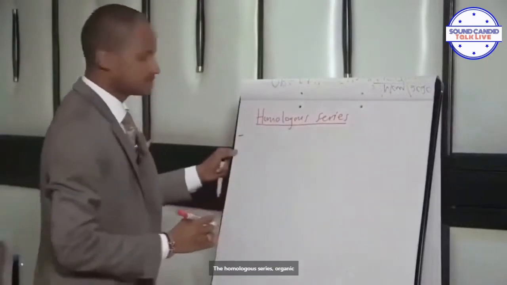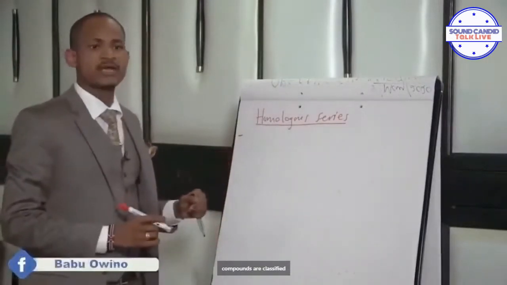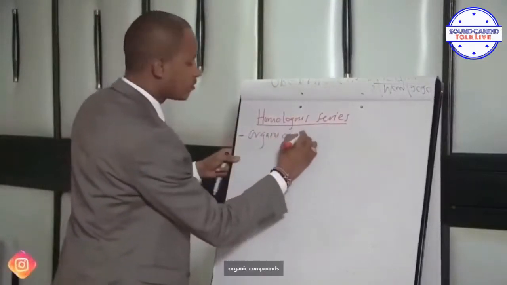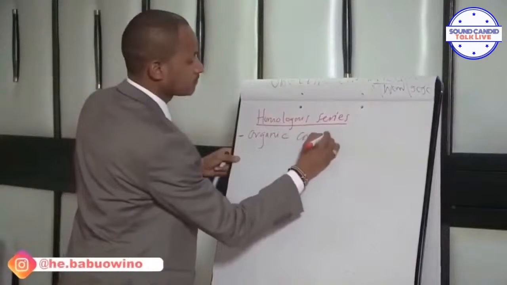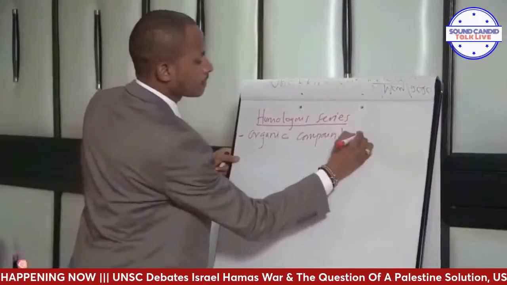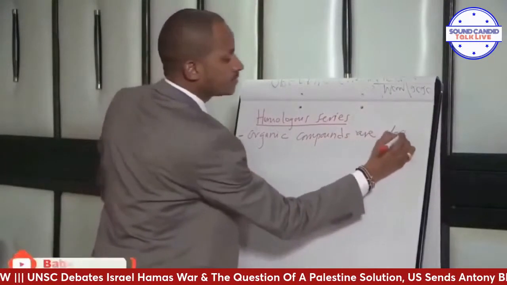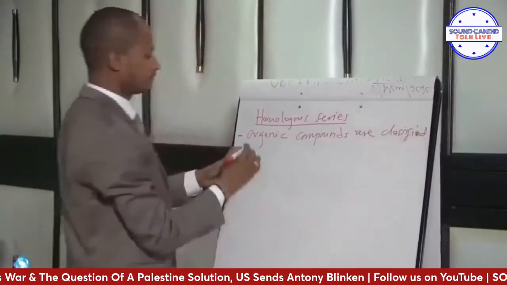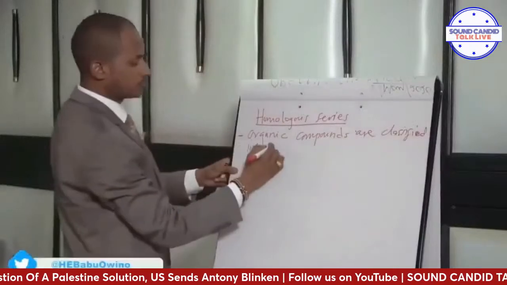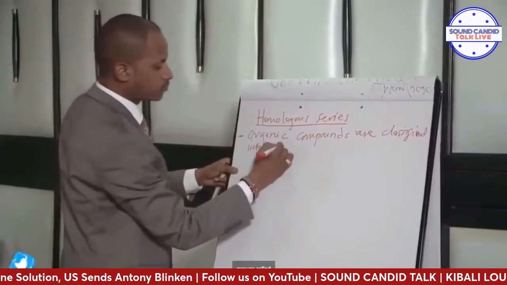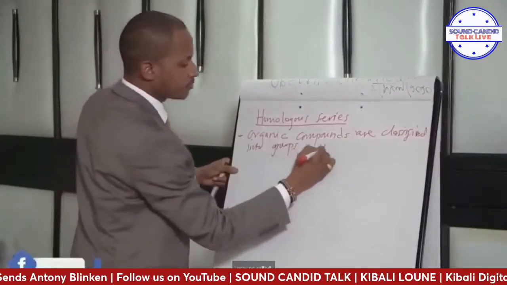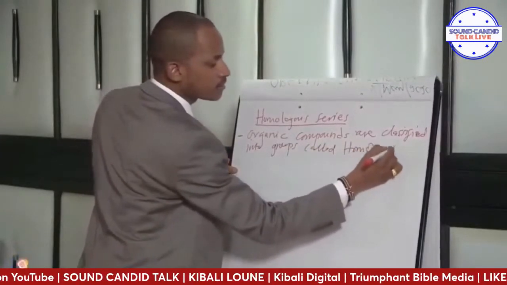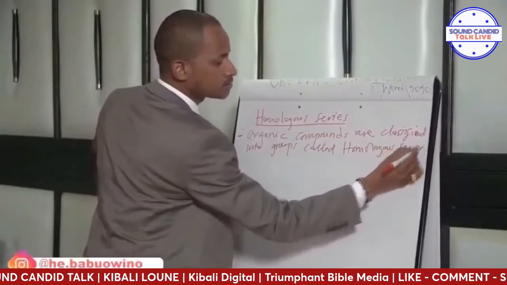In the homologous series, organic compounds are classified into groups called homologous series.